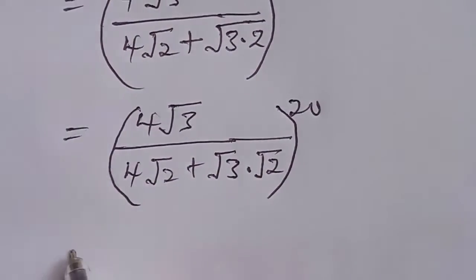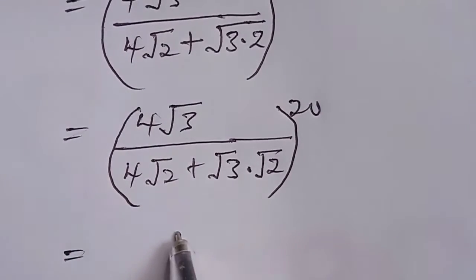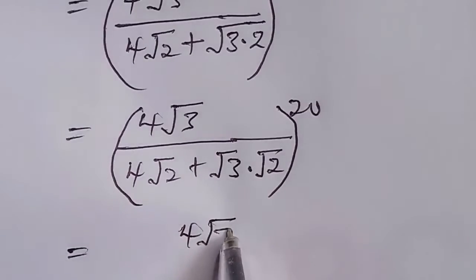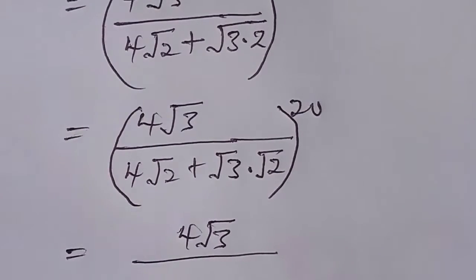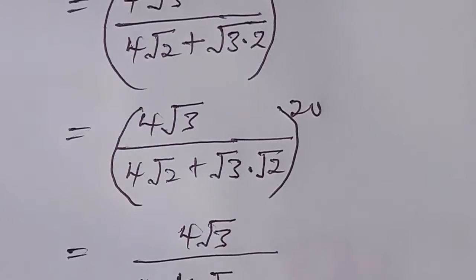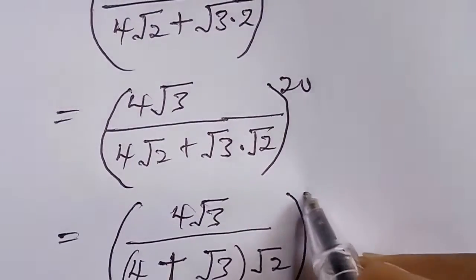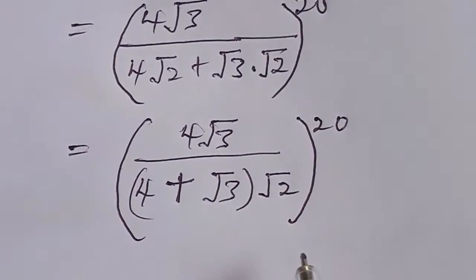Now from the denominator we can factor out square root of 2, so we have 4 square root of 3 over 4 plus square root of 3 into bracket, then square root of 2, all into bracket to the power of 20.